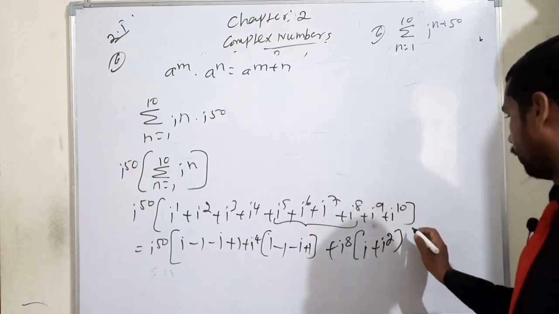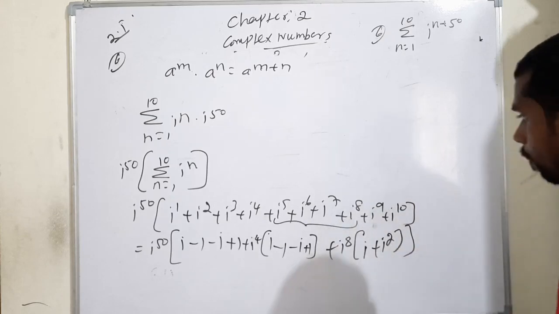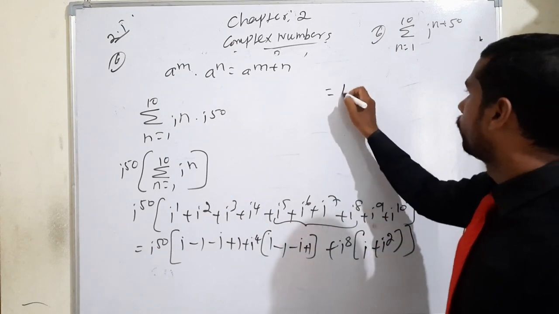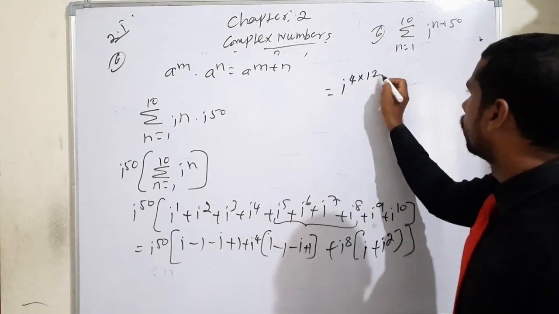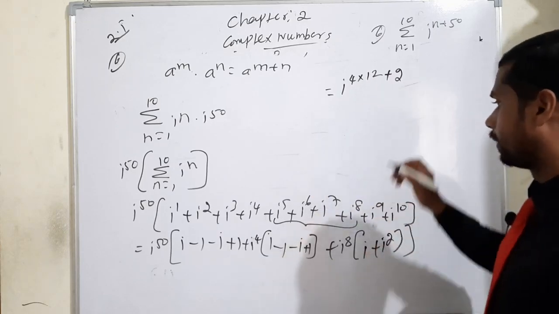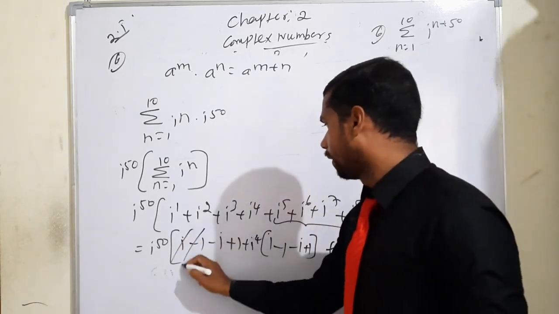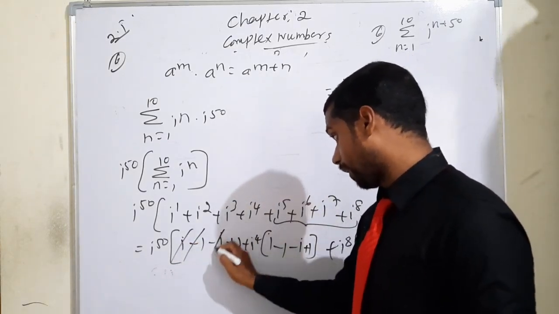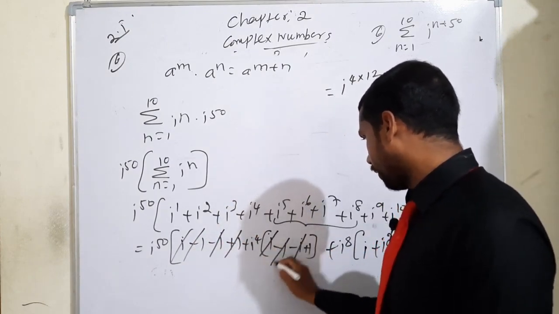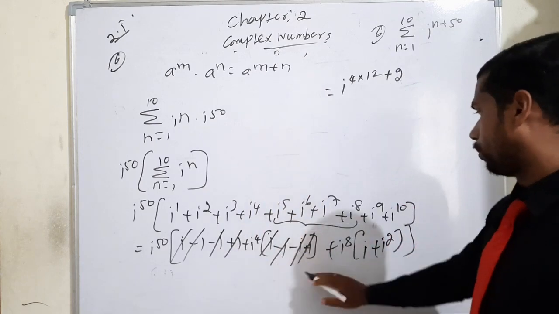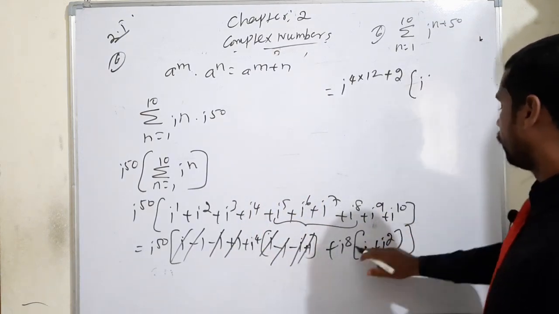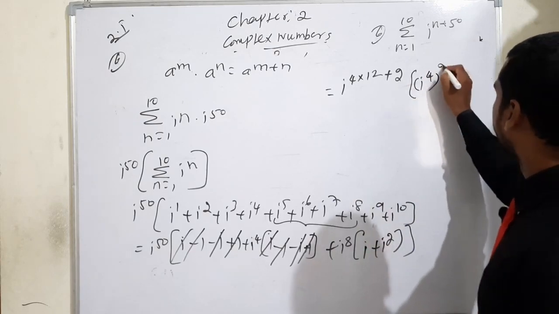So listen very carefully, this is the whole term, isn't it? Now I power 50, how to write? I to the power 50 is I to the power 4 into 12, 12 into 4 is 48, plus balance 2 is there. Next, here plus I minus I cancel, minus 1 plus 1 cancel. Here also plus I, minus 1 plus 1 cancel. First two terms are over. The last condition inside: I to the power 8 we can write as I to the power 4 the whole square.